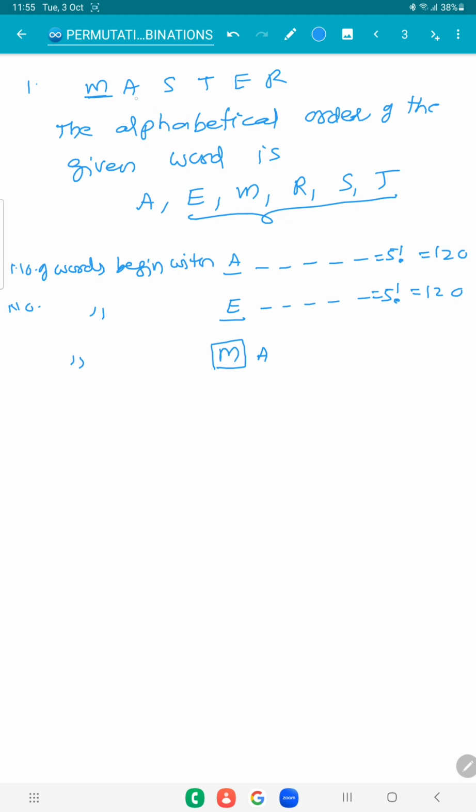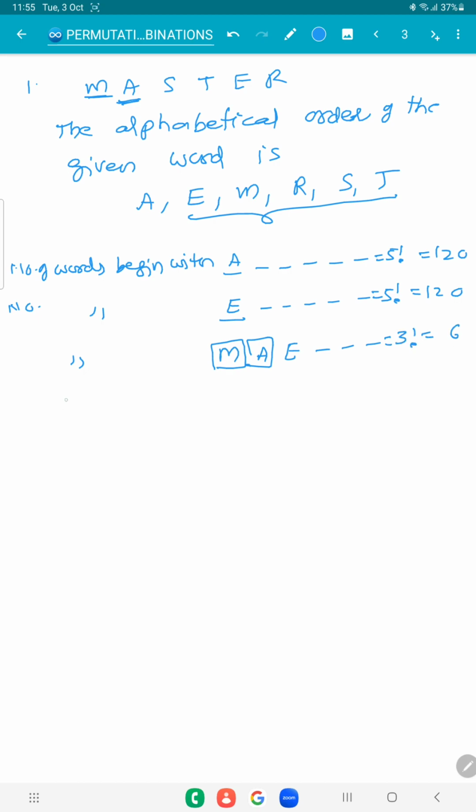Next is A. A is also needed, so lock this one also and again come forward. Next we have the words that begin with MA. E is there, so 1, 2, 3, that is 3 factorial.